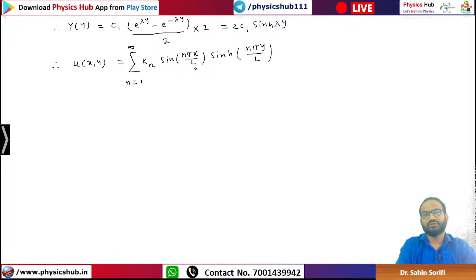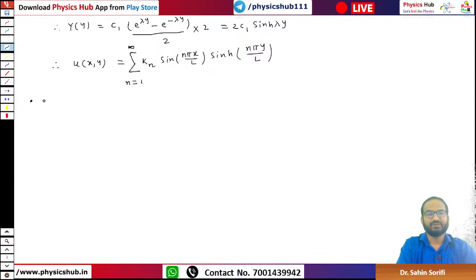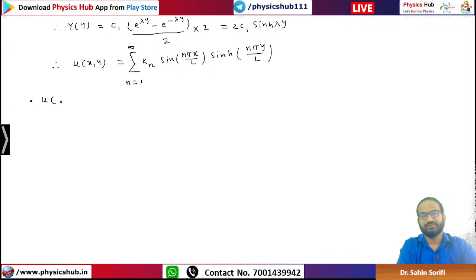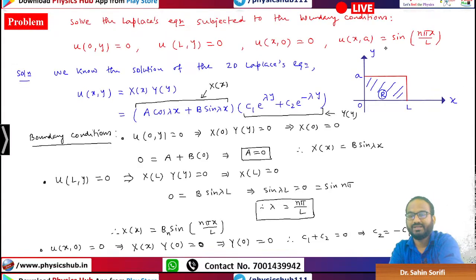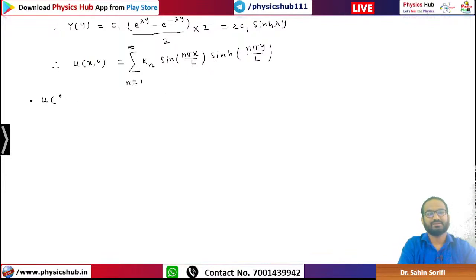Now to get this solution, we need to find this unknown constant Kn. So we can use the fourth condition. The fourth condition says u of x,a is equal to sin n pi x by L. Wherever you see x, you will put x, and wherever you see y, you will put a.